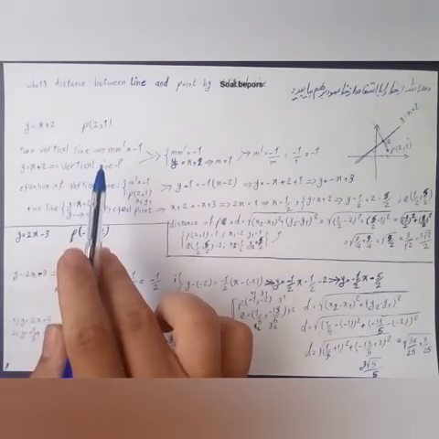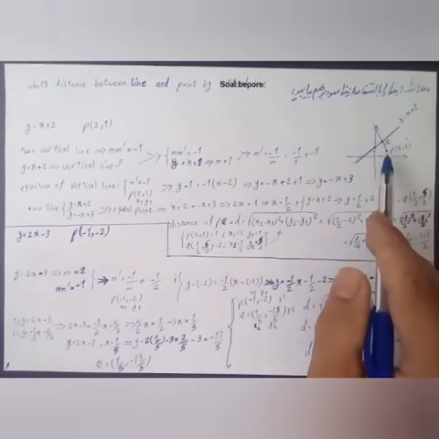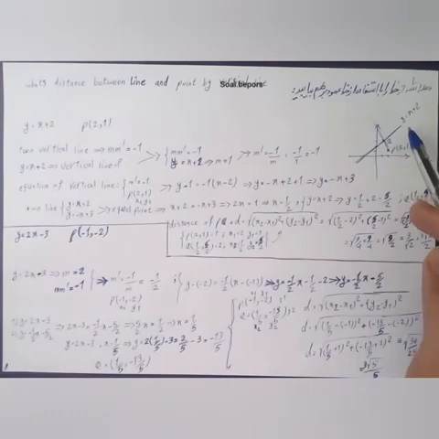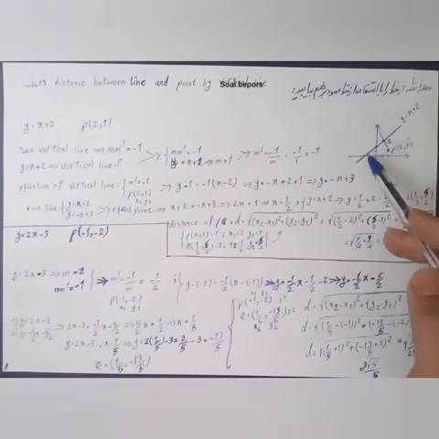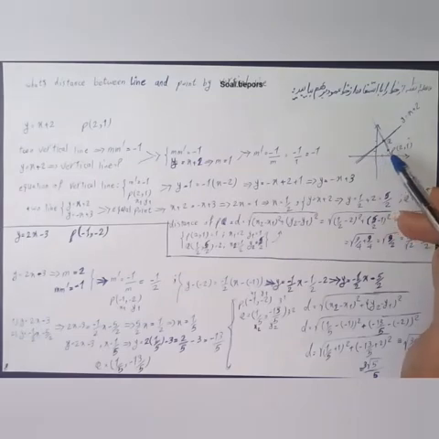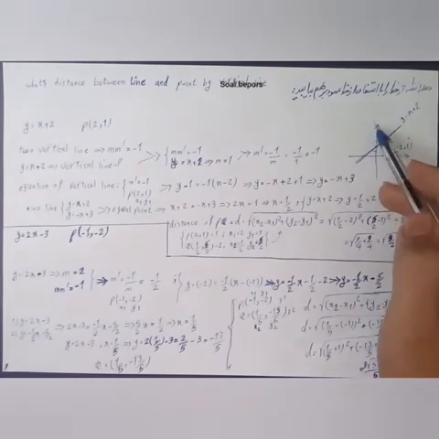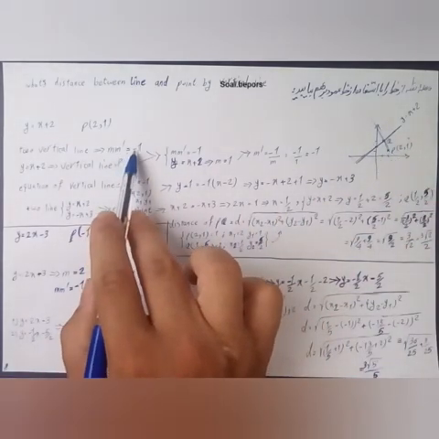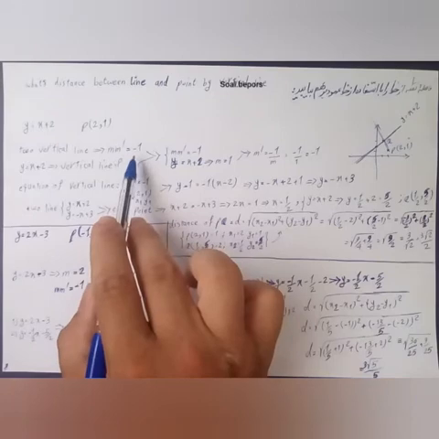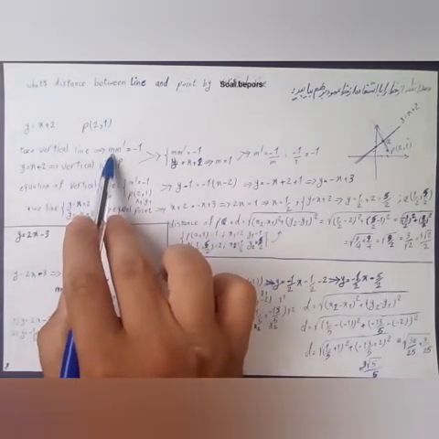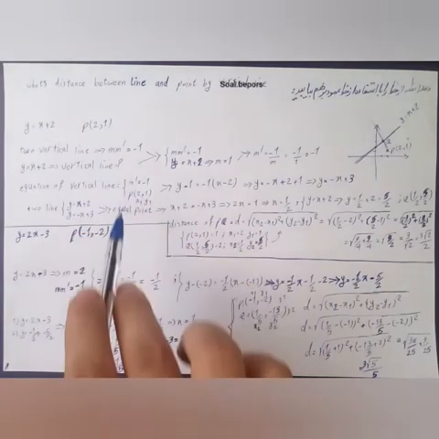So for finding point Q, we need the perpendicular line. We know that the tangent (slope) of f(x) times the tangent of the perpendicular line equals -1. So for finding the perpendicular line, we use the slope of f(x).